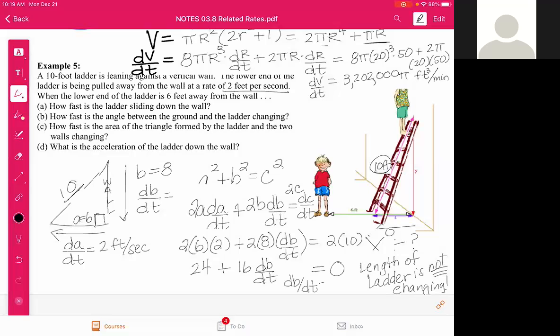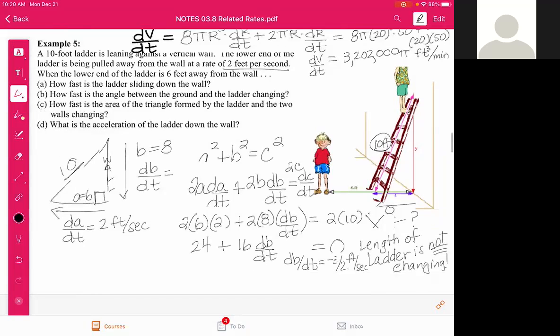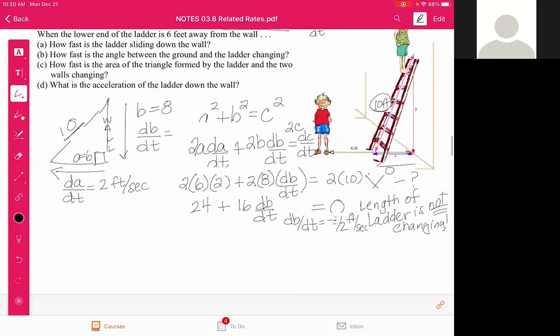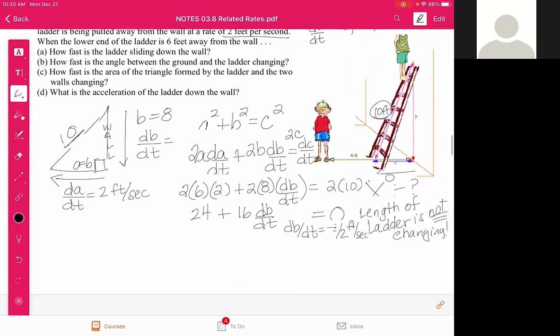Y'all get -3/2. And so how would we label that? Well, it's how fast the ladder is moving down the wall. So this is going to be in feet per second. I had a whole ton more space and I didn't even realize it. Well, I guess I'll need it for the other parts. So -3/2.